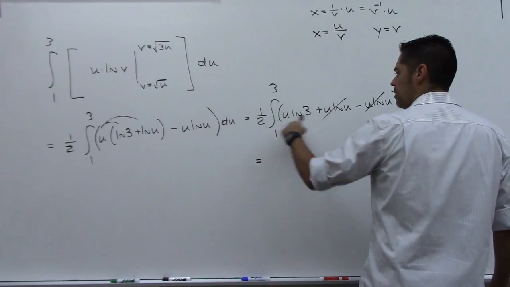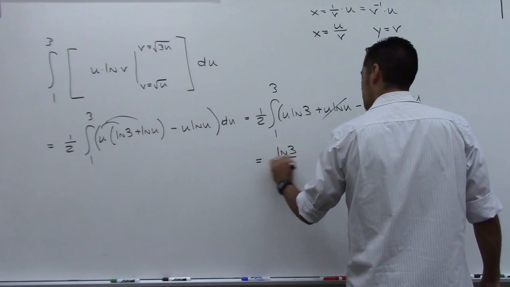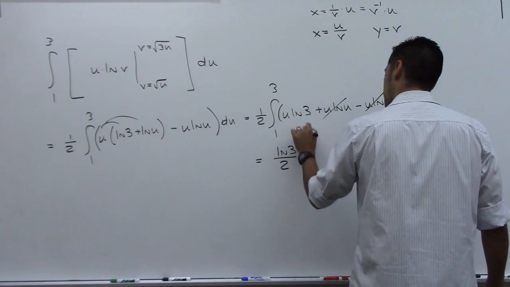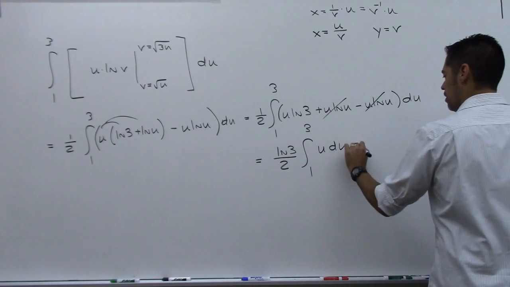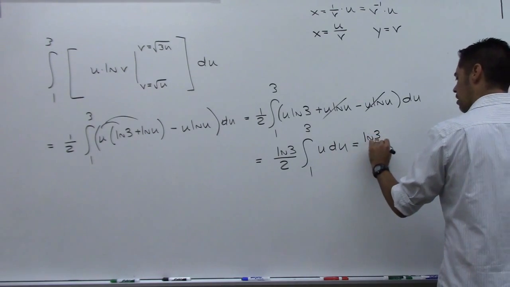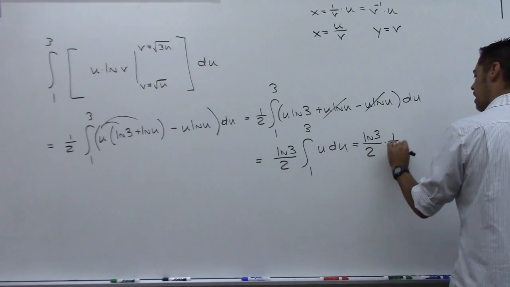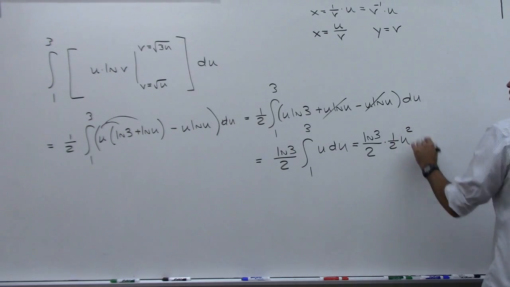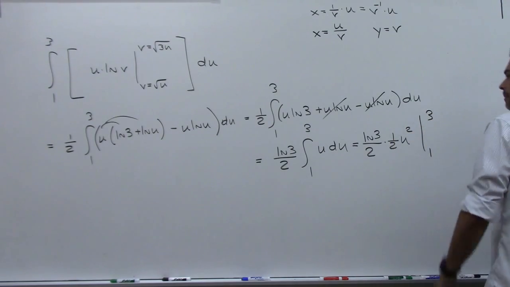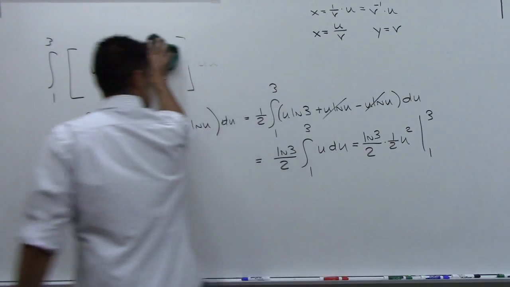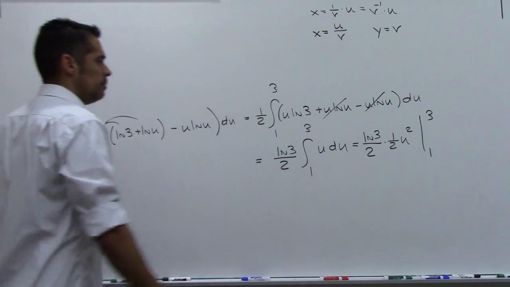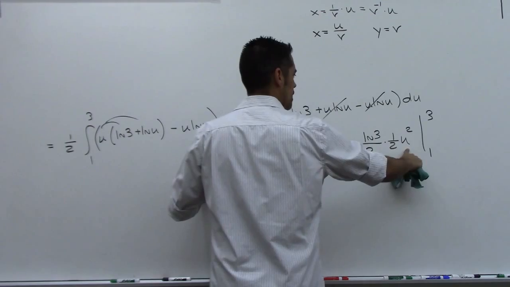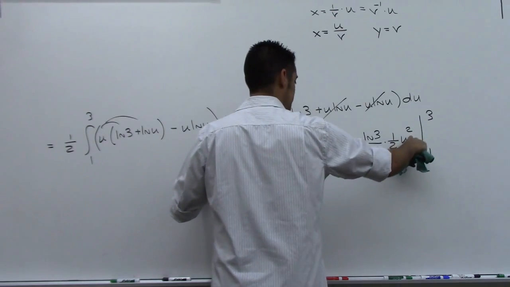Natural log of 3 is a constant. I'm going to bring it out. Natural log 3 over 2 integral 1 to 3 of u du. That's the only thing left, which is natural log 3 over 2 times 1/2 u to the second power, evaluated 1 to 3. And I think I'm getting close here. Plug in 3, we get 9.